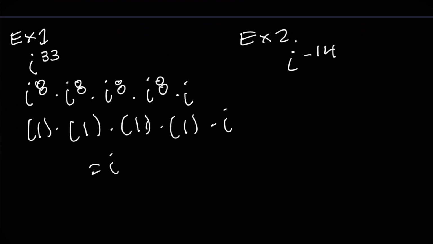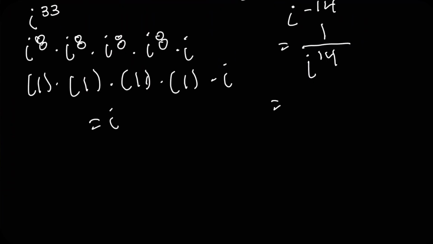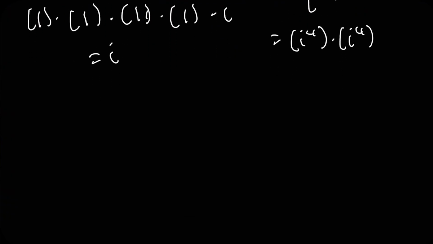Okay, how about if we throw in a negative here? Well, i to the negative 14 can be simplified like this. We could just say that is 1 divided by i to the 14, and then go from there. So for this one, let's just say i to the fourth times i to the fourth, and then we'll do i to the fourth and then i to the second.